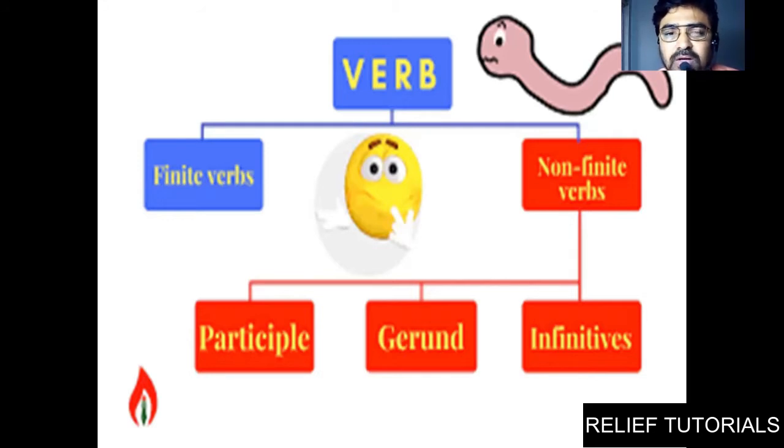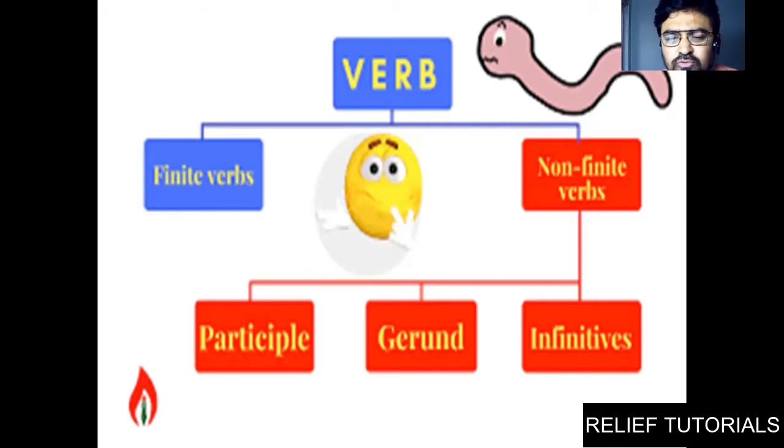So there are 8 types of words that contribute in constructing a sentence. They are noun, pronoun, verb, adjective, adverb, preposition, conjunction, and interjection.